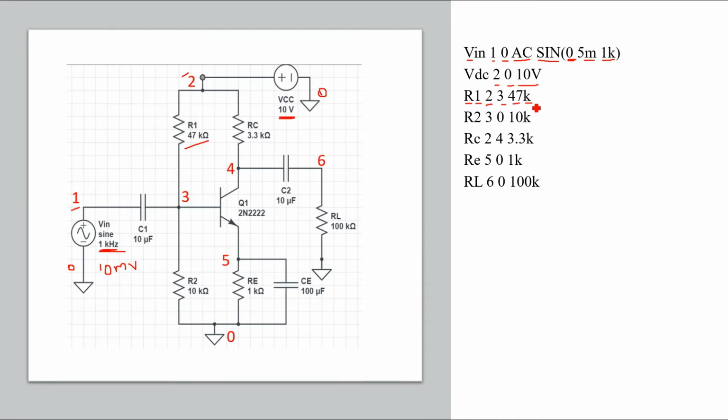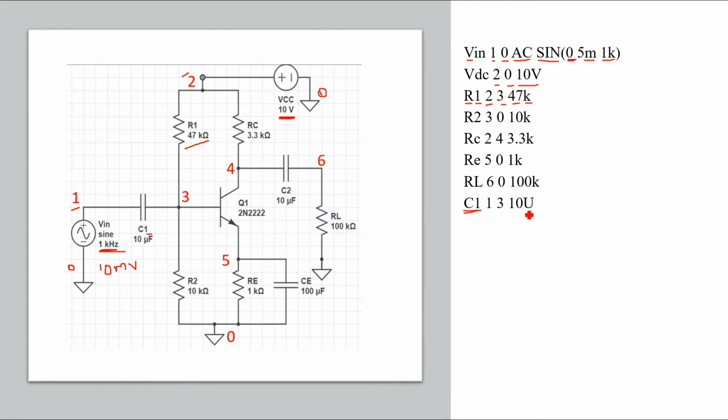Next is writing the syntax for the capacitors. The capacitor is given by the notation capital C. So capital C stands for the capacitor, and if we see, capacitor 1 is connected between node 1 and 3, with a value of 10 micro.